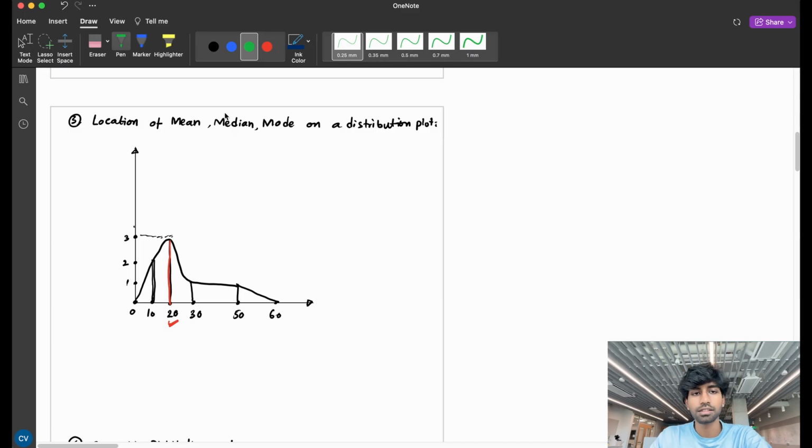And the second thing is the median. The median is something that divides this entire distribution into two halves which have equal area. So where do I cut this distribution so that the left part and the right part will have equal area? It will be somewhere around here. If I cut there, this half and this half would tend to have equal area.